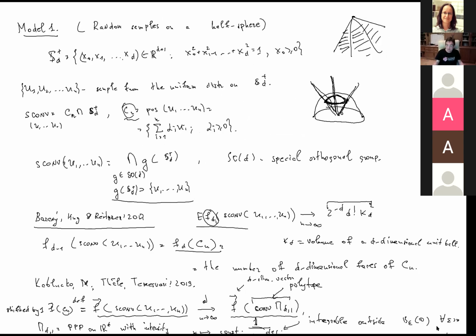We have a sample of points in this manifold, and we define a generalized hull in the same way. So we take all translations, or rotations, or images of our initial manifold under the group, such that the image contains a sample from the uniform distribution. So in this way, these two models are similar, right?